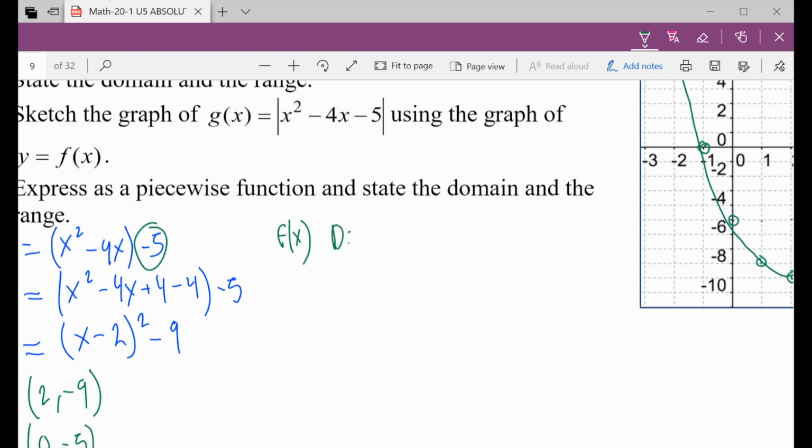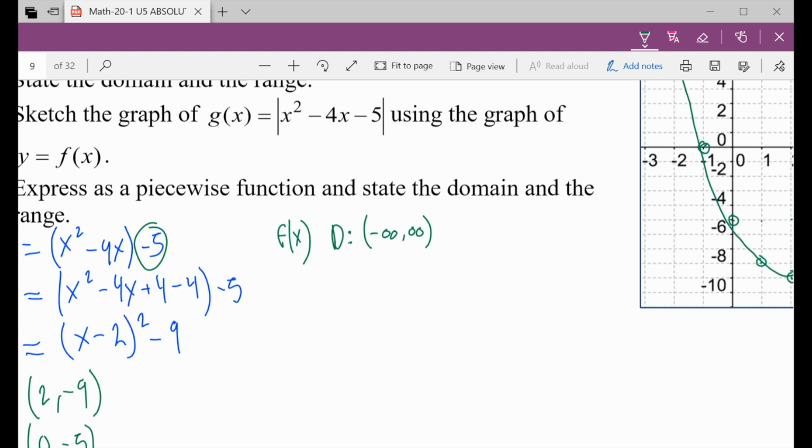Well, for parabolas, the domain is unbounded. It goes forever in the negative direction and forever in the positive direction. So let's use interval notation. The domain is all values of x from -infinity to +infinity.